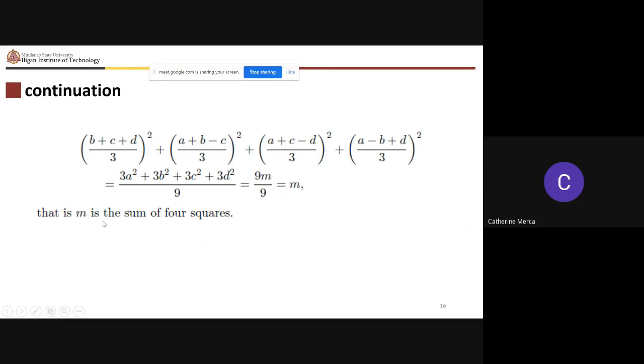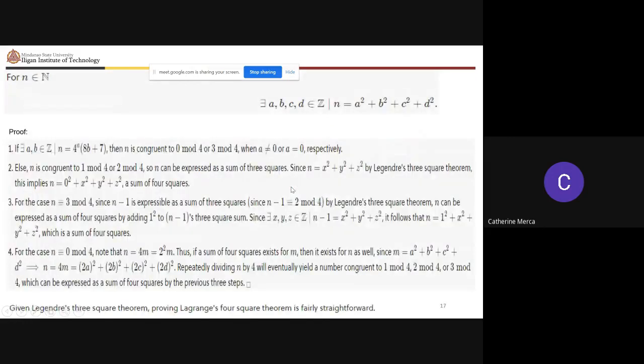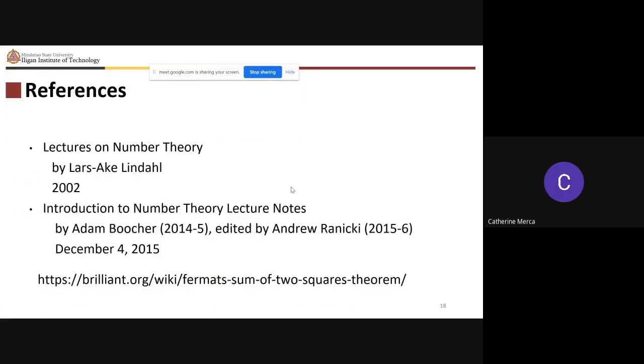So therefore, m is the sum of four squares. Kaya if you take a look, you have there 3a squared plus 3b squared plus 3c squared plus 3d squared over 9. And this is the formal proof.